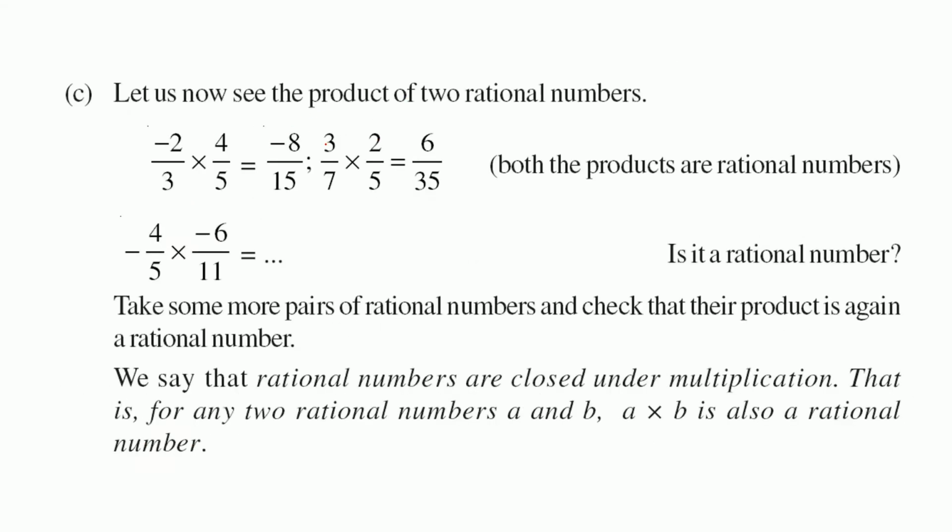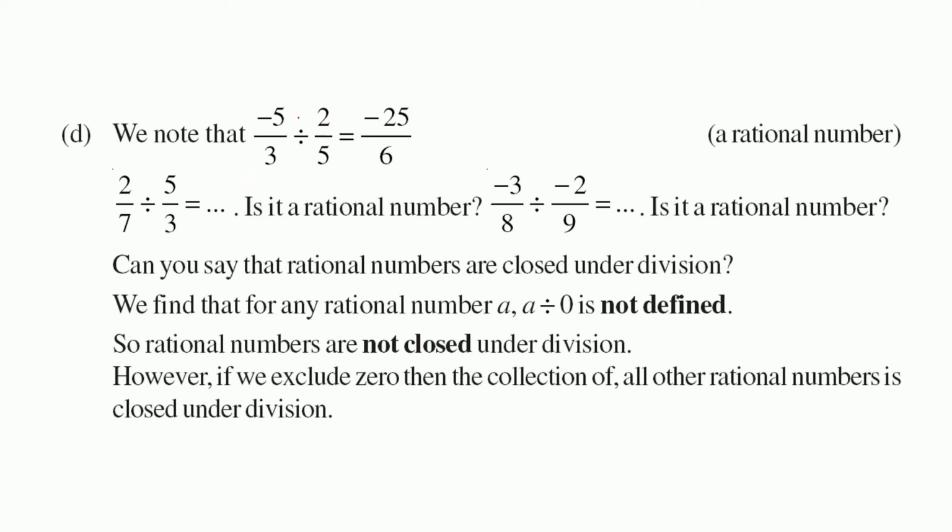How about the product? When we multiply p by q forms, you'll always get a rational number. So if a and b are rational numbers, you multiply a into b, you get a rational number. And when you divide, see, this is one number, this is another number, and these are both in p by q form. So when you divide, just devoid of 0. That means if you ignore 0, the rational numbers are not closed under division.